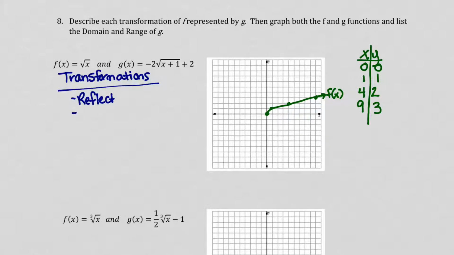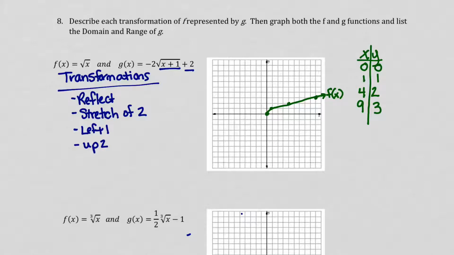It has a 2, which is greater than 1, so it's going to have a stretch of factor of 2. Then it has a 1 inside with x, and that tells us it's a plus 1, so it's going to go left 1. And tacked onto the end all by itself, not under the square root, is a plus 2, and that just tells me I'm going to go up 2.